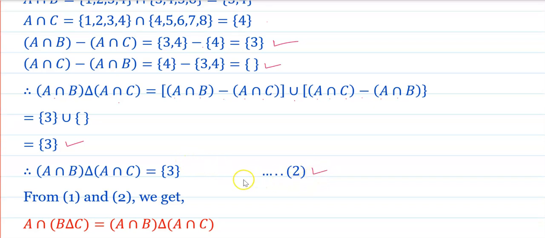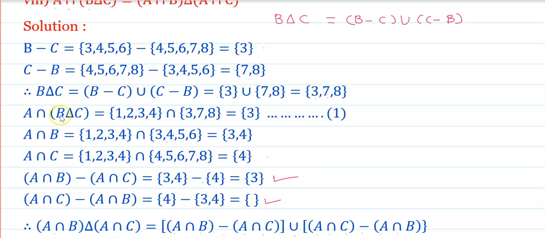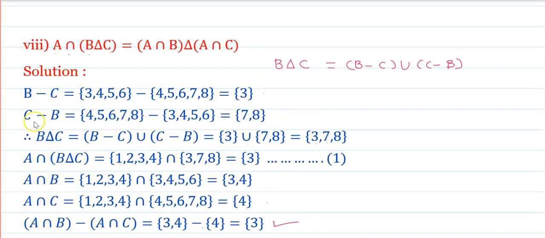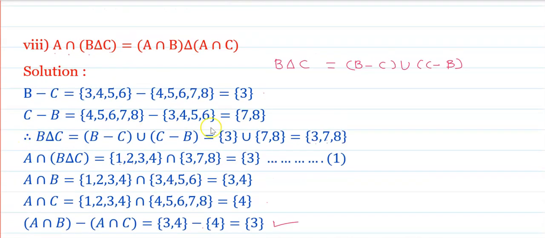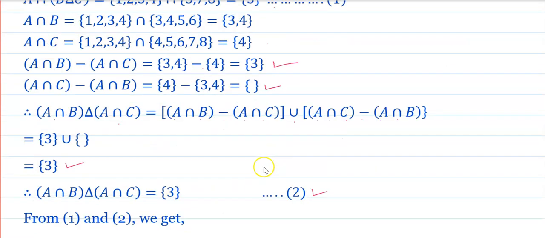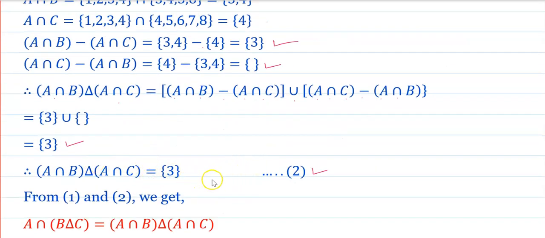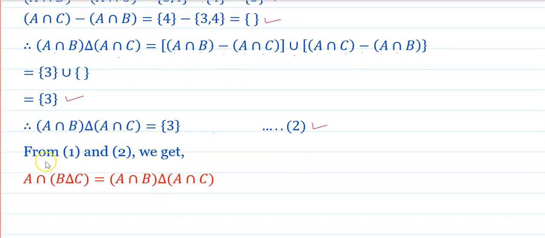And therefore from 1 and 2, see this here 1. What is the 1? This 1 is A intersection B symmetric C. That is 3. इथे पण 3 आहे. And this second one is also 3. And therefore from 1 and 2 you will get A intersection B symmetric C is equals to A intersection B symmetric A intersection C, and hence it is a proof.